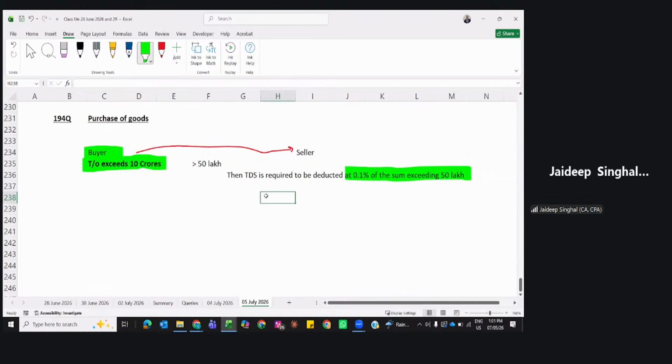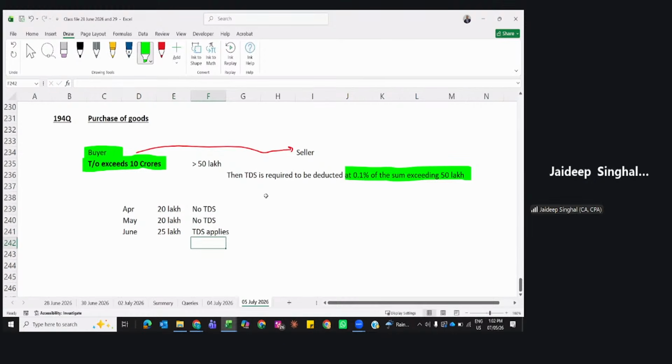Let's suppose I do purchases in March. The buyer is a specified buyer, turnover is greater than 10 CR. In March, I purchase for 20 lakhs. In May, I purchase for 20 lakhs of material. Here no TDS. Then let's suppose the next purchase is 25 lakhs.